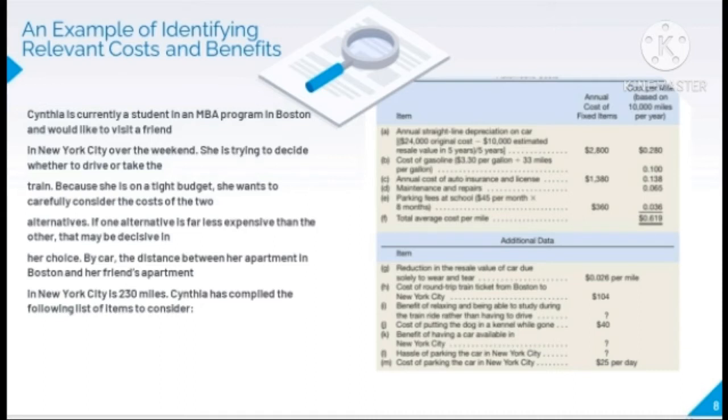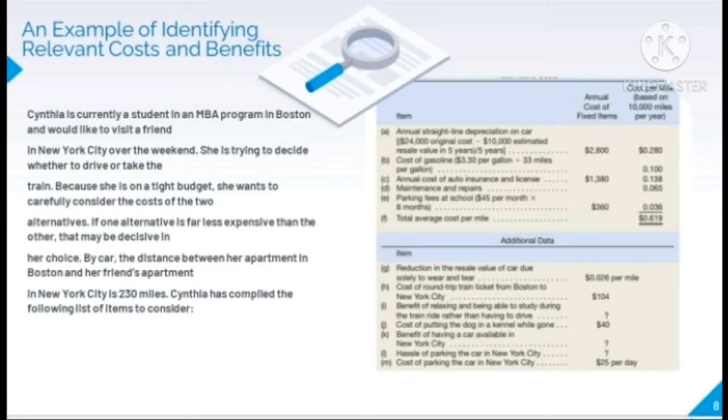Item I is relevant to the decision, even if it is difficult to put a dollar value on relaxing and being able to study while on the train. It is relevant because it is a benefit that is available under one alternative but not under the other. Item J, the cost of putting Cynthia's dog in the kennel while she is gone, is irrelevant in this decision.